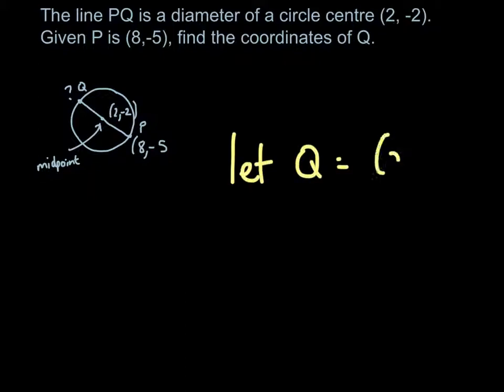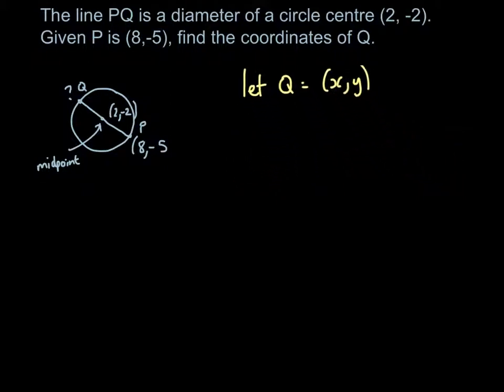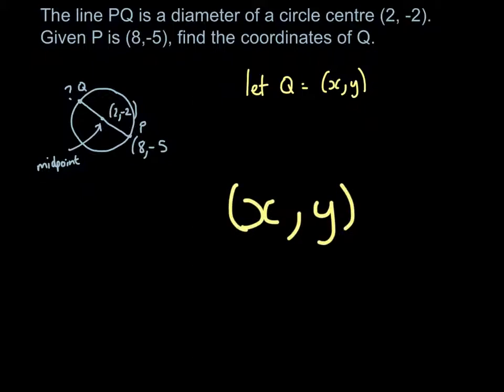So let Q equal xy, because we want to work out that coordinate. Alright, and then again just use that midpoint calculation. Just take that up there, that's our sketch.